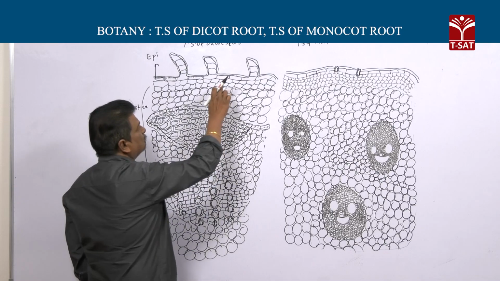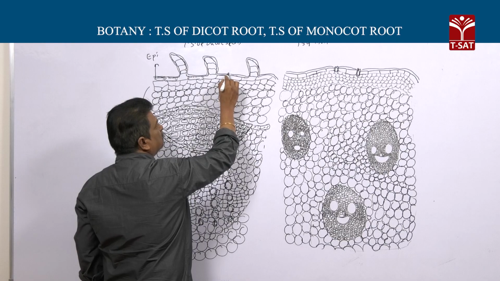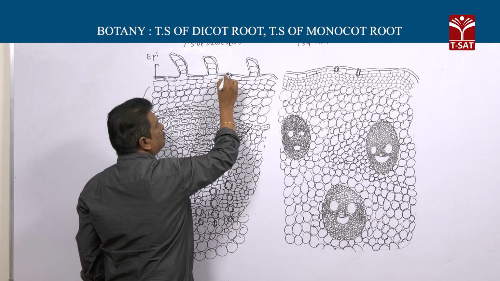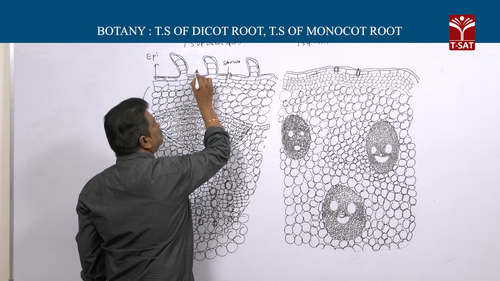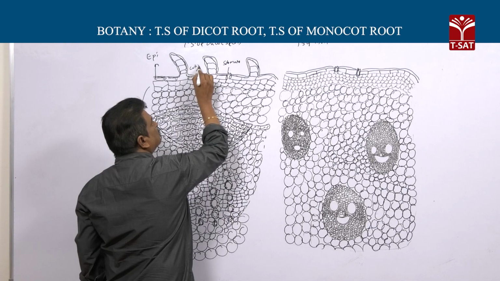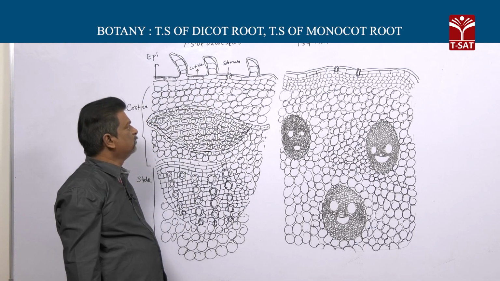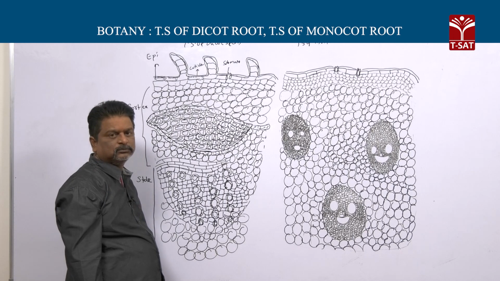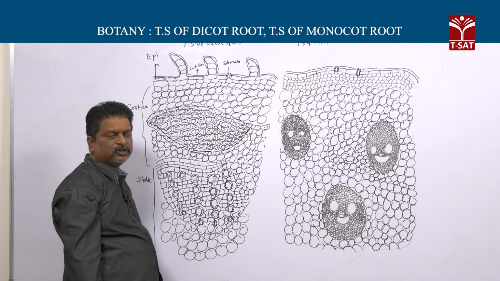Then the stem epidermis contains stomata and cuticle. So, function of stomata. Through the stomata, transpiration and even exchange of gases, respiration takes place.